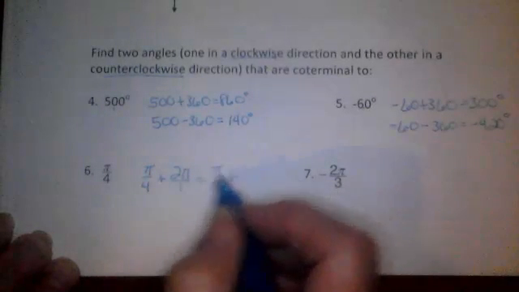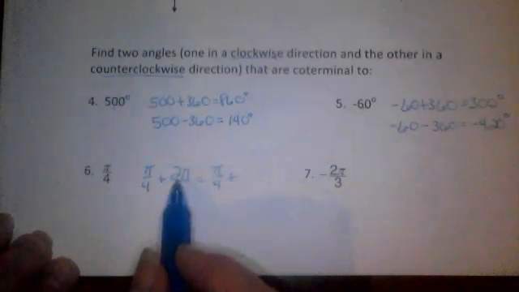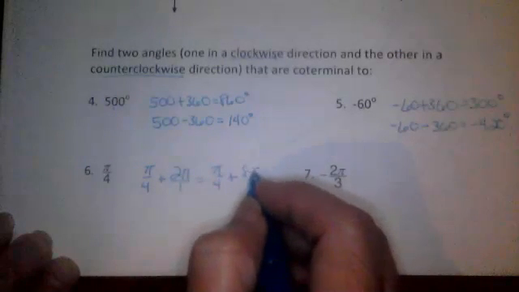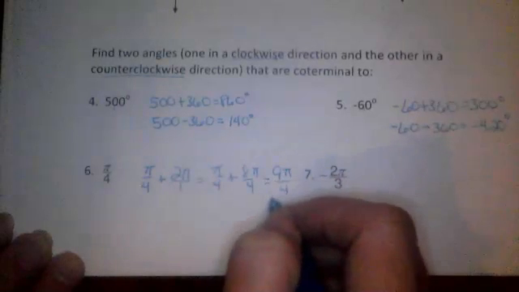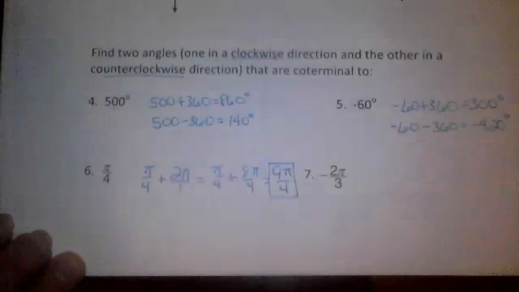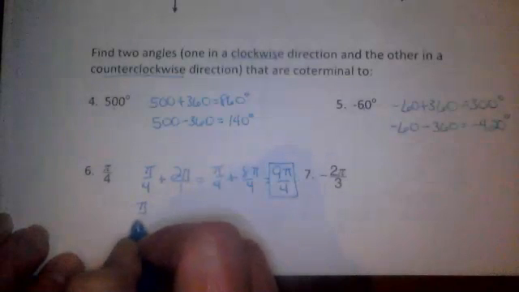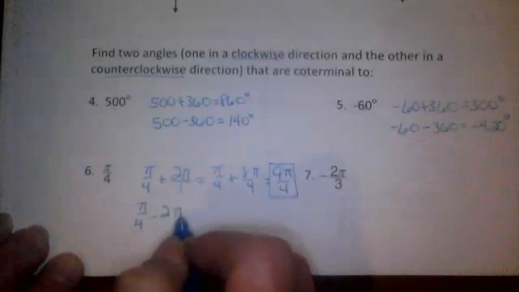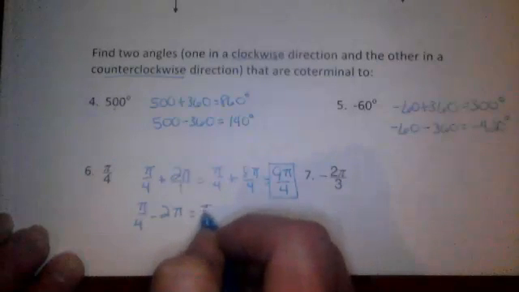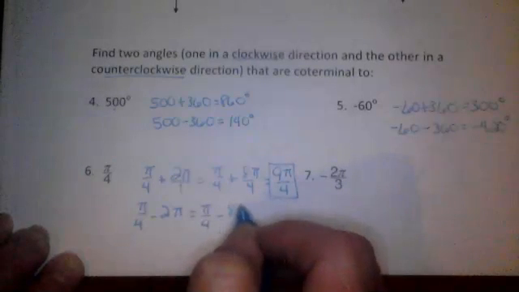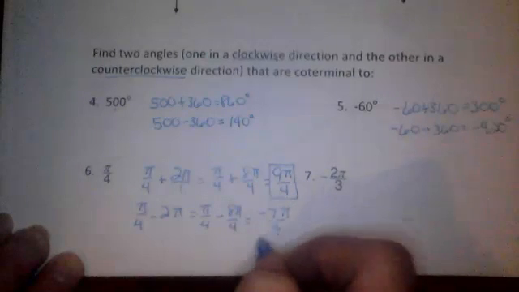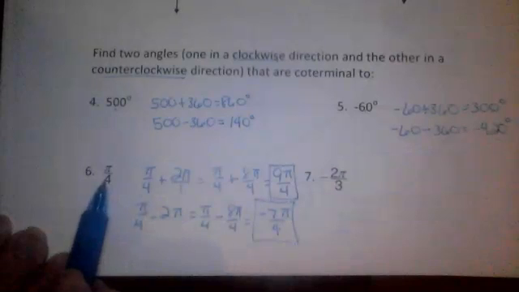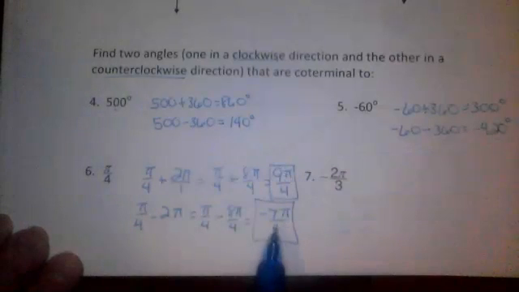So pi fourths plus, I'm going to need to multiply this by 4 over 4, so I get 8 pi fourths, would equal 9 pi fourths. Or I could subtract a rotation, subtract 2 pi, and it would be pi fourths minus 8 pi fourths, which would give me negative 7 pi fourths. So pi fourths, 9 pi fourths, and negative 7 pi fourths all end in the same place.